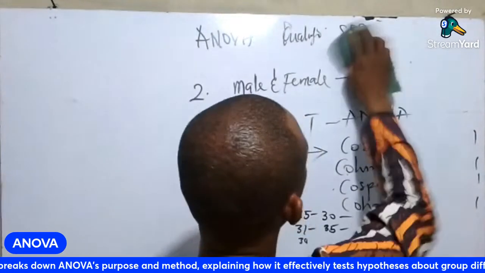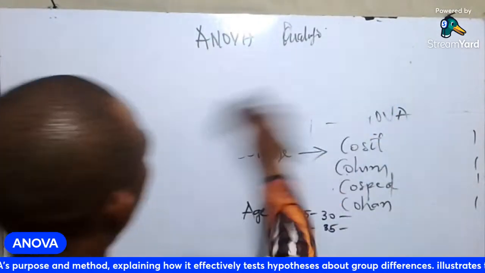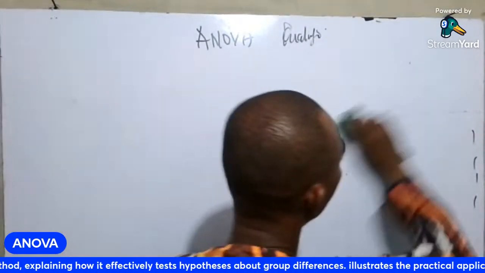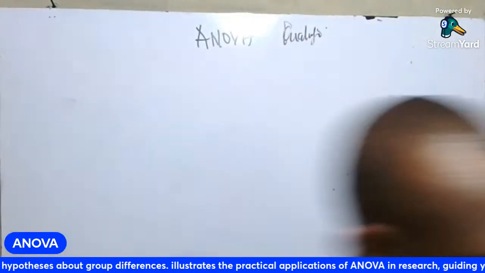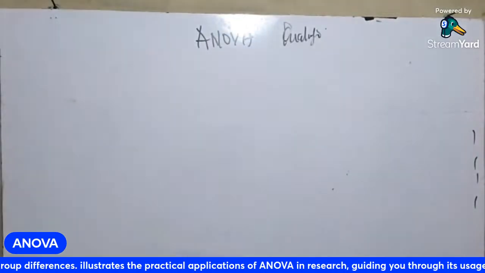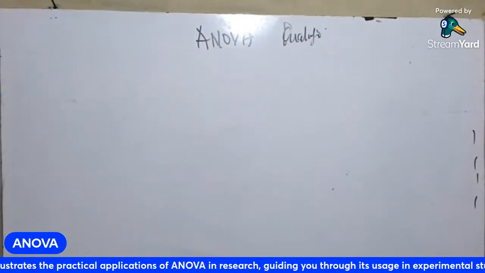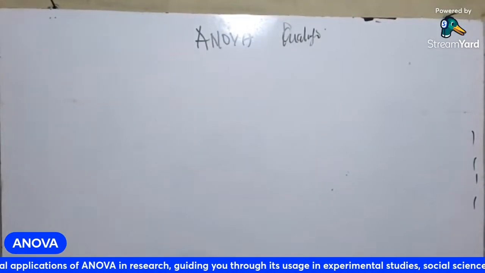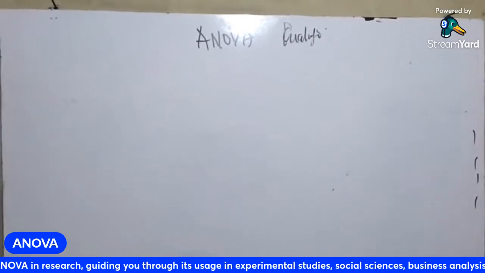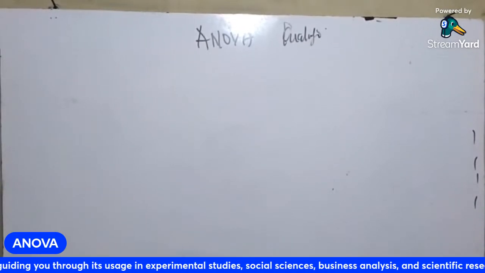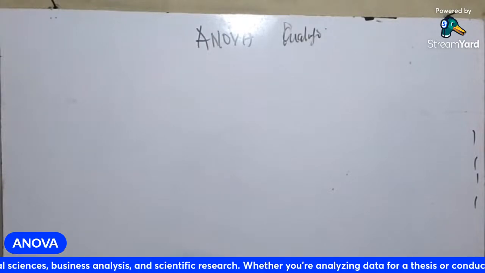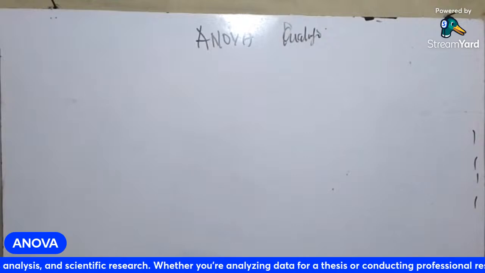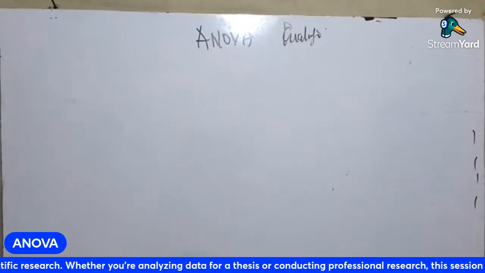Now let's come back. For those of us joining me online, can you cite me another sample mean aside from those ones that I've mentioned? I want it in the comments. Give me one example that you can use t-test for, and another example that you can use analysis of variance for, in the chat.